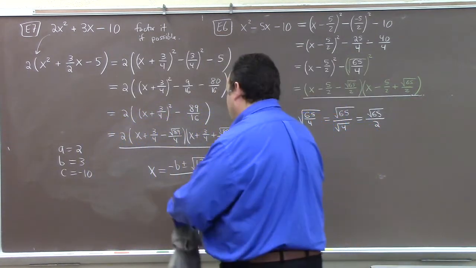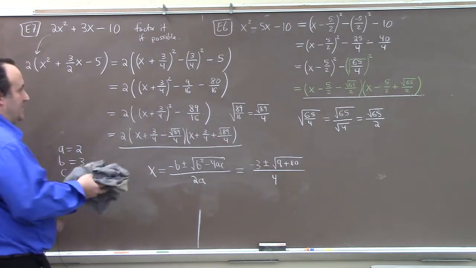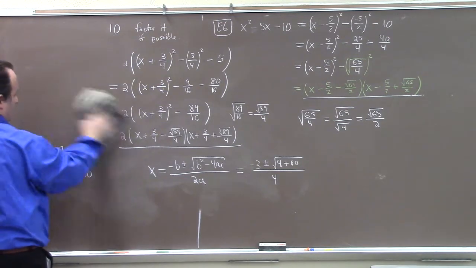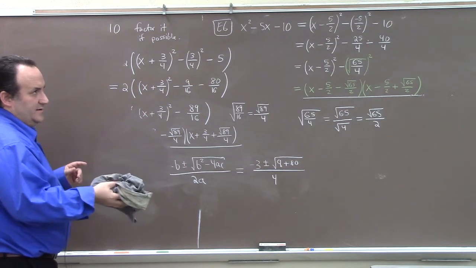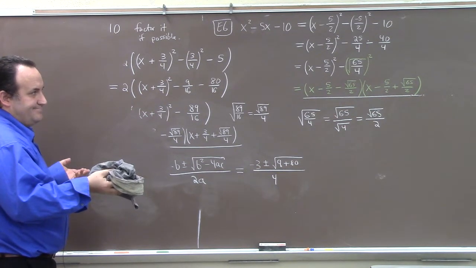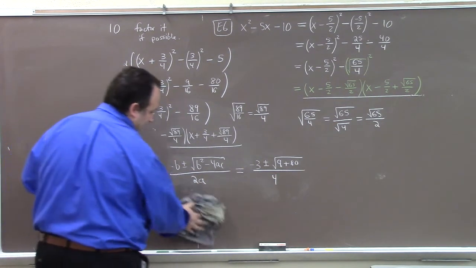Oh, table. That table function is handy. That is true. I forget about that. That's something I should actually teach. But no, the FX-115EX, it's like $15, $20 at Walmart, is well worth the money if you're taking a math class.